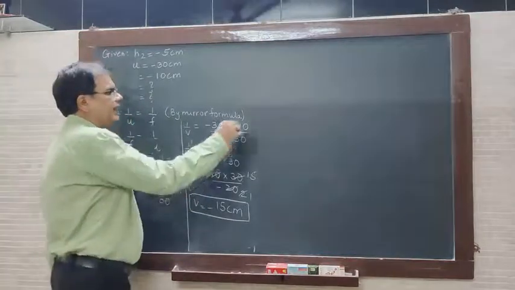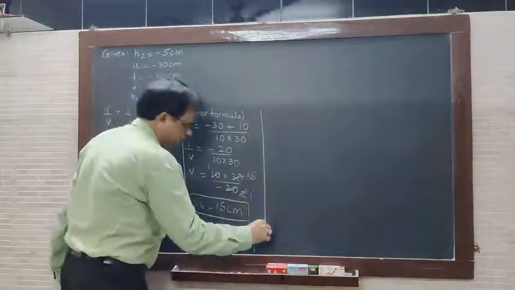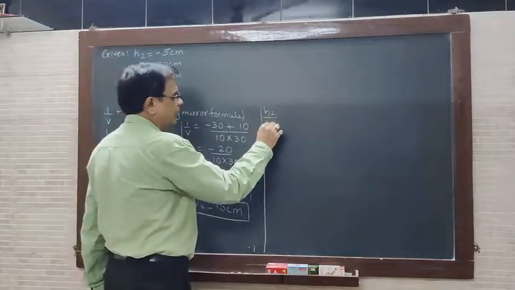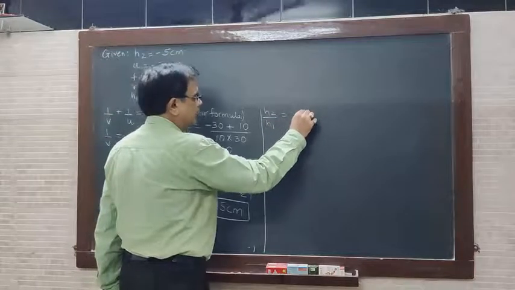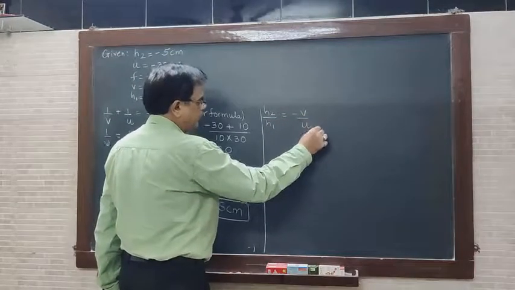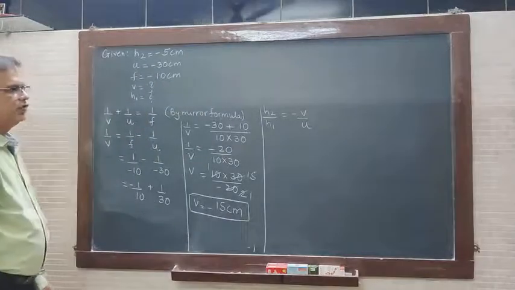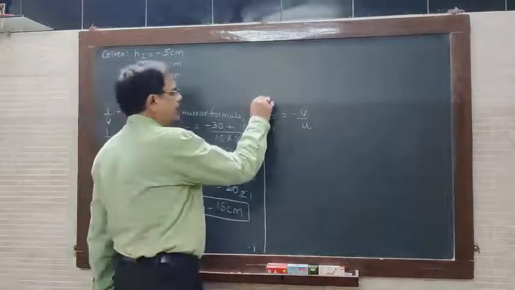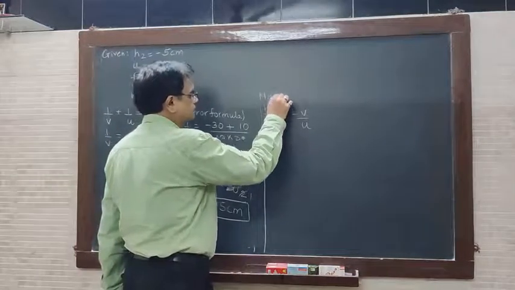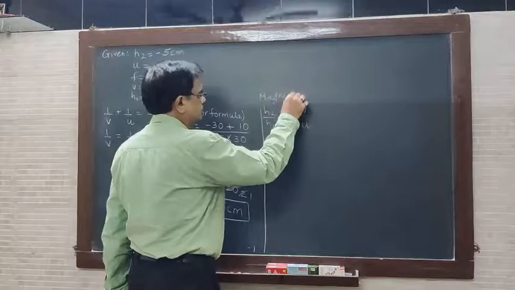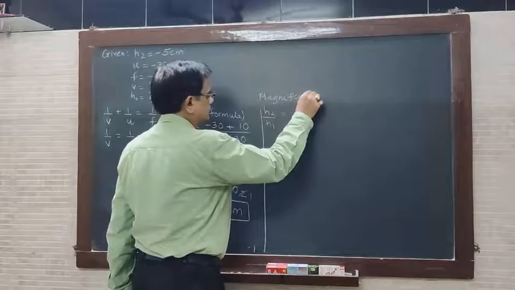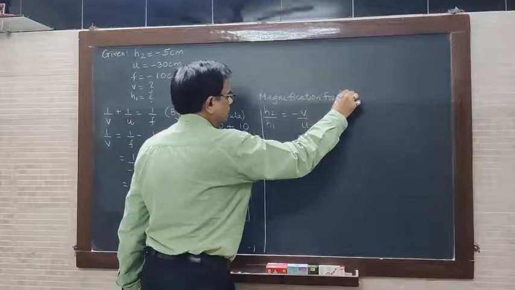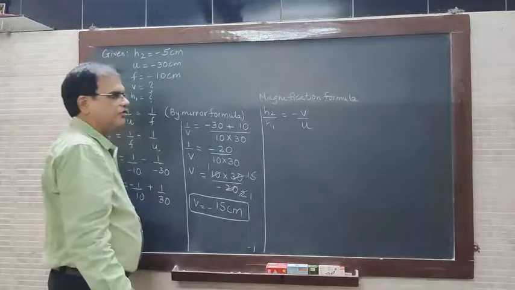Then I take my second formula. H2 upon H1 is equal to minus V upon U. This is my magnification formula.